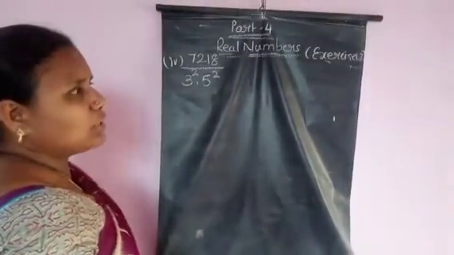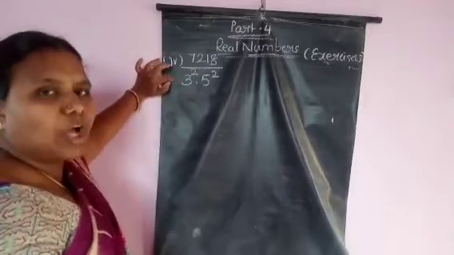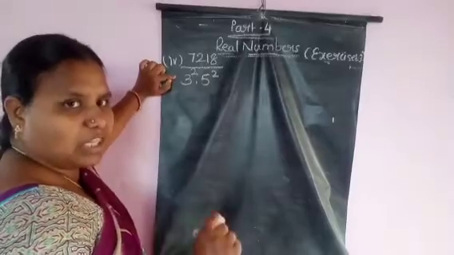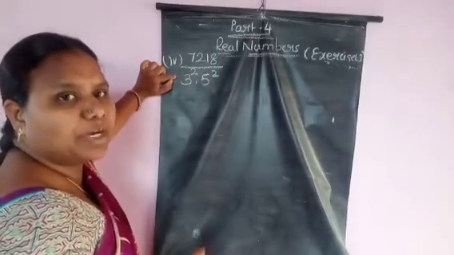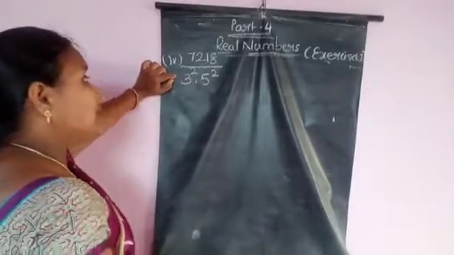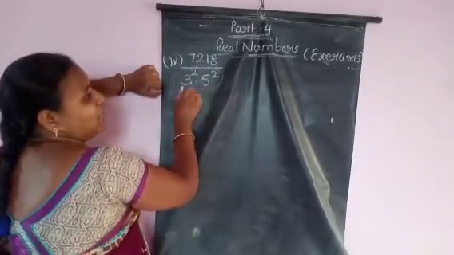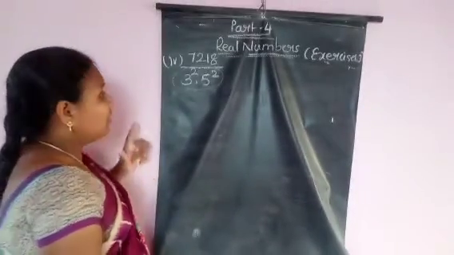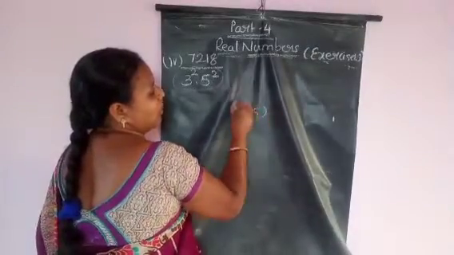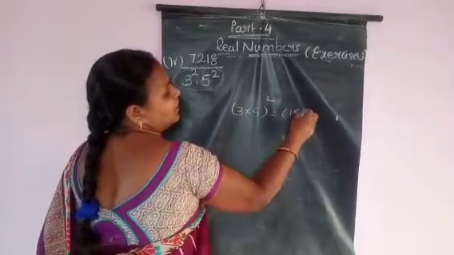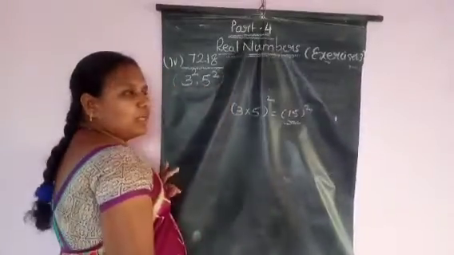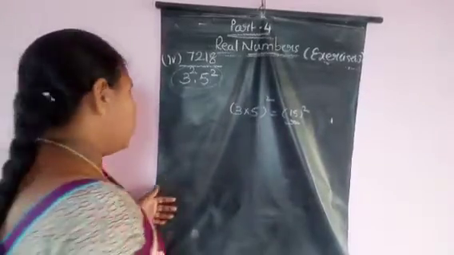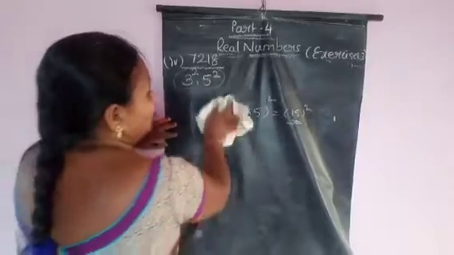First, to convert this into decimal form, we have to check the denominator only. The denominator must be in the form of 2 to the power of m into 5 to the power of n. But in this case it is 3 to the power of something. So what do we have to do? Can we write 3 into 5 whole to the power of 2, which is 15 squared, in the denominator? Can we write this? No.